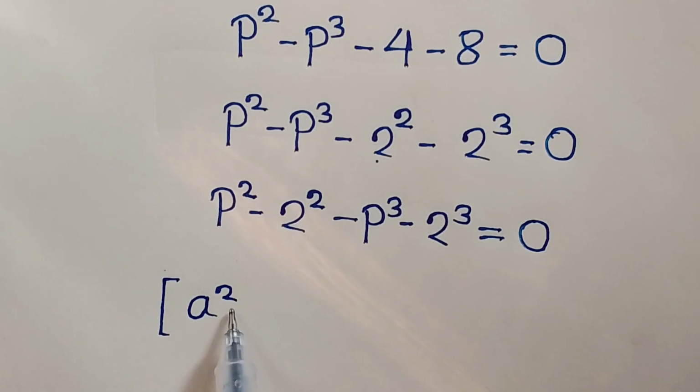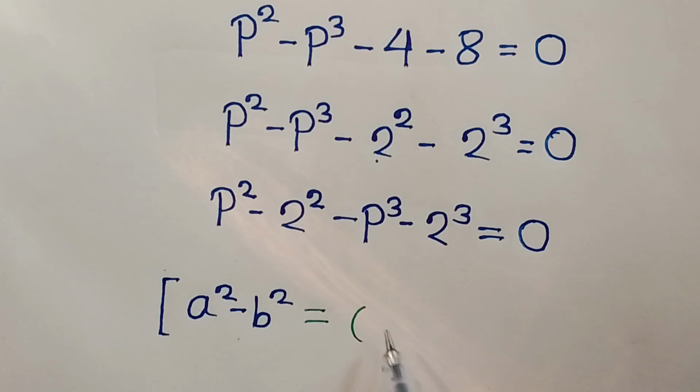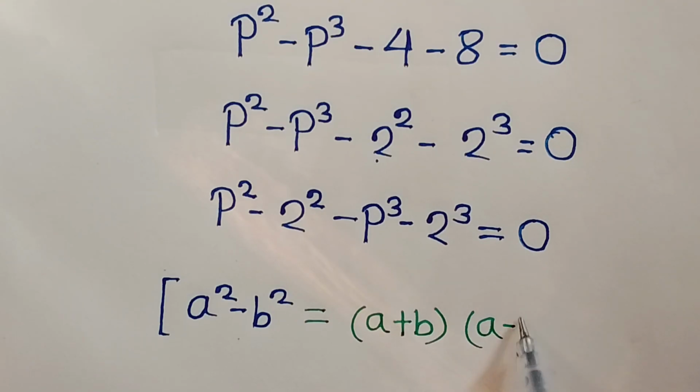The formula was a square minus b square is equal to (a plus b) times (a minus b). Okay, it's right.